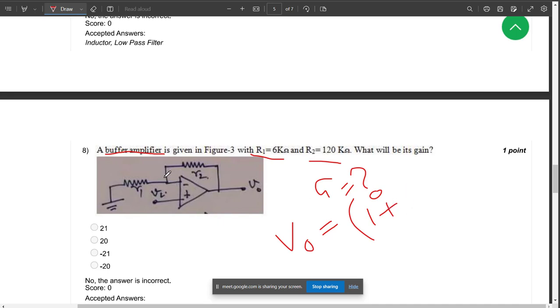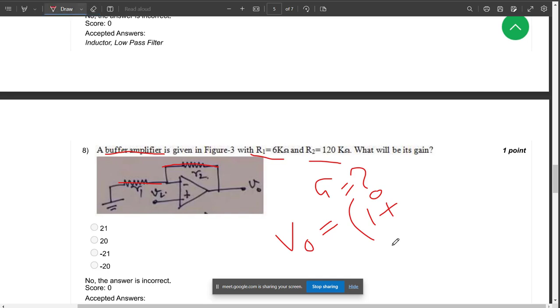So mostly what we do in a buffer amplifier is we short circuit this, and we put V2 here, and this is 0.